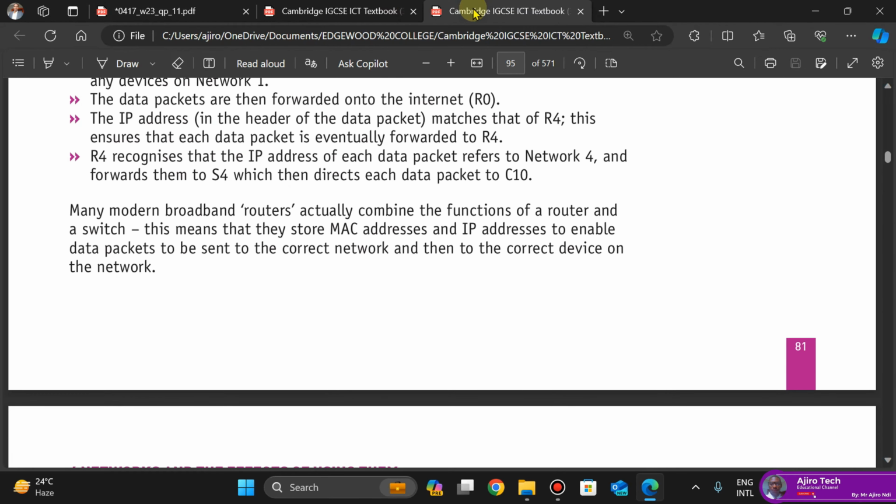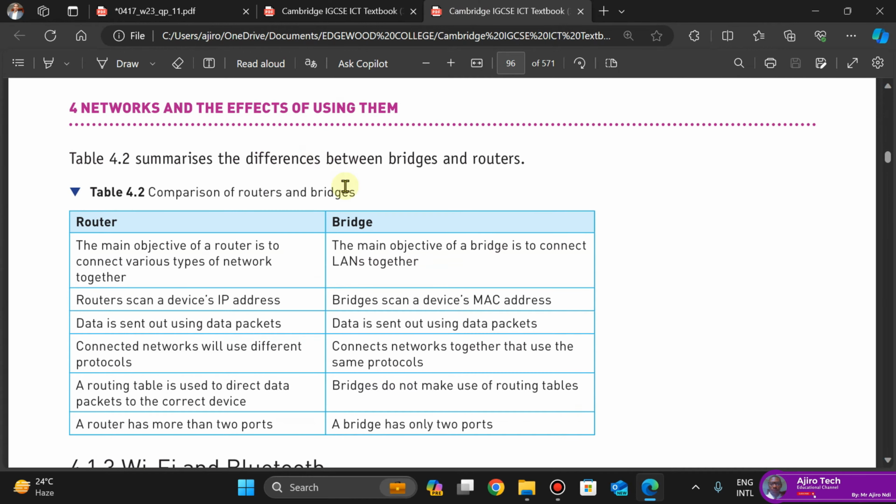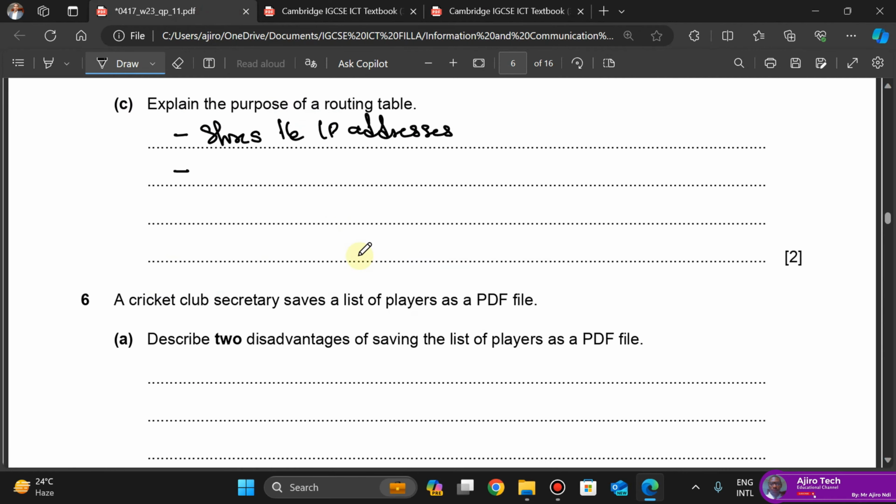routes right here, directs the data packet to the correct device.